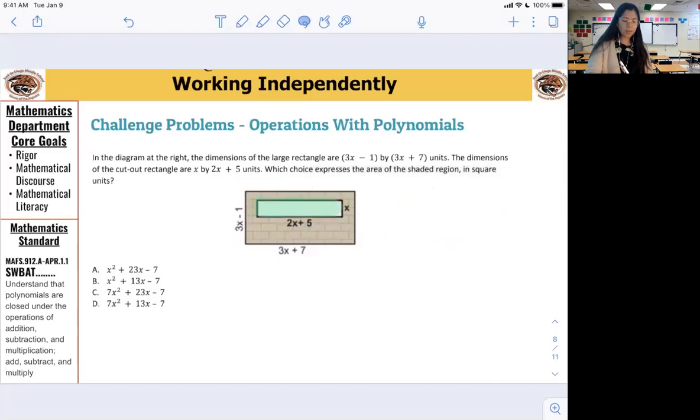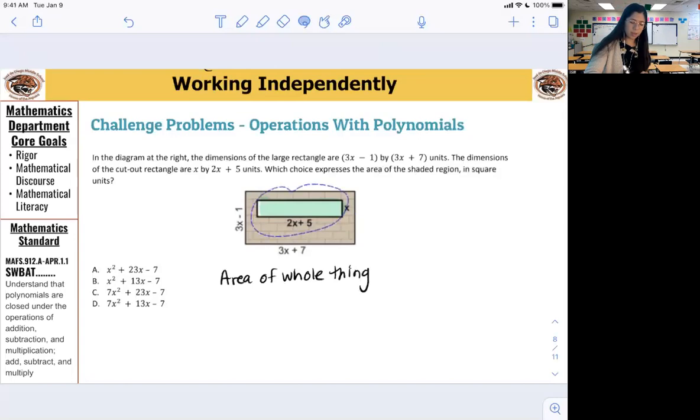So if I'm trying to find the area of everything that's left over, what I want to start with is the whole thing. So I want to start with the area of the whole thing. So let me write that down. Area of the whole thing.